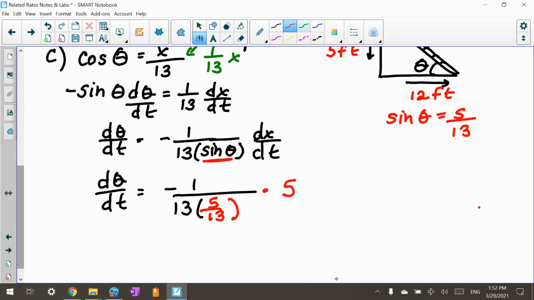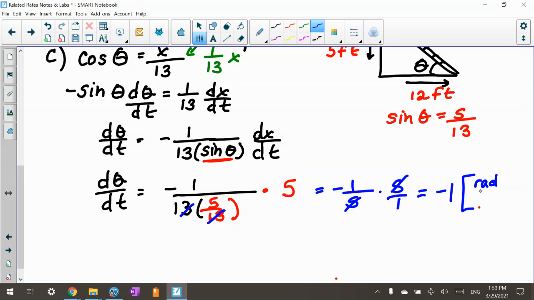The cool thing about this going on right here is I can say thanks for playing. So you really have negative 1/5 times 5 over 1. They cancel out, so you get negative 1 radian per second. So they made this work out nice by having it be a negative 1. But that would be the answer to that.